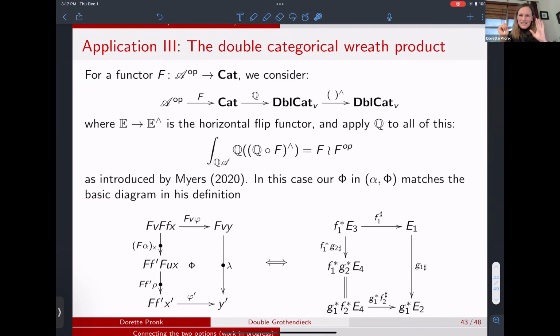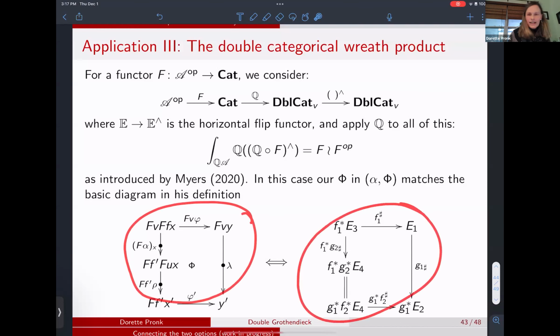It's a bit of a construction. You need to really sit down and work out the details, but that gives you precisely the read product of F with F op as introduced by Myers. And we wrote down here the diagrams. So this is our diagram. This would be David's diagram.